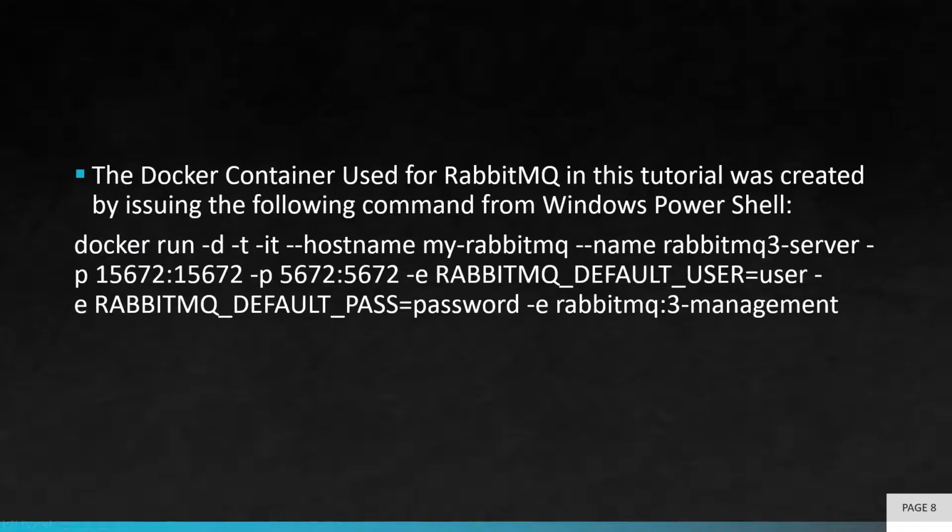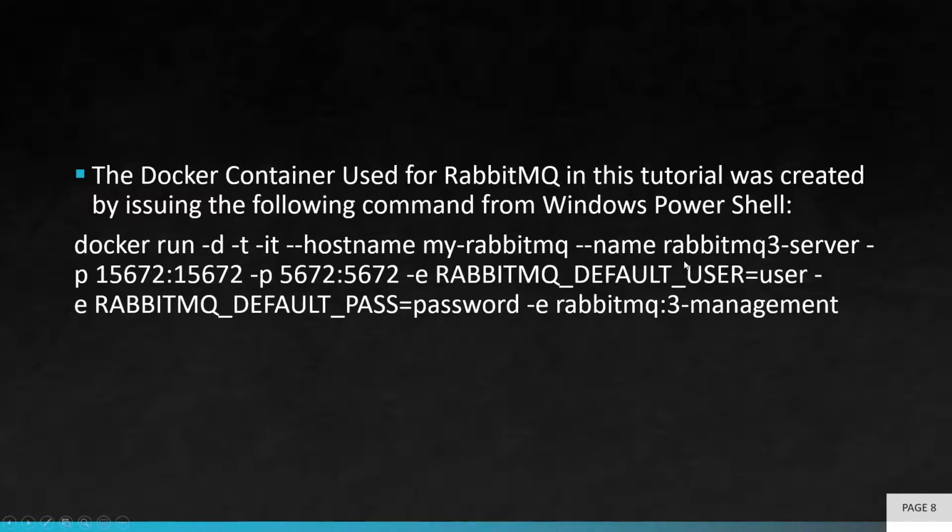The Docker container used for creating the RabbitMQ environment in this tutorial was created by issuing the following command from Windows PowerShell. So docker run is a Docker command to create the container, and I will not focus on what the DTIT switches mean; you could read the Docker documentation. This is the host name, and I'm giving the host name as my RabbitMQ and naming it RabbitMQ3 server.